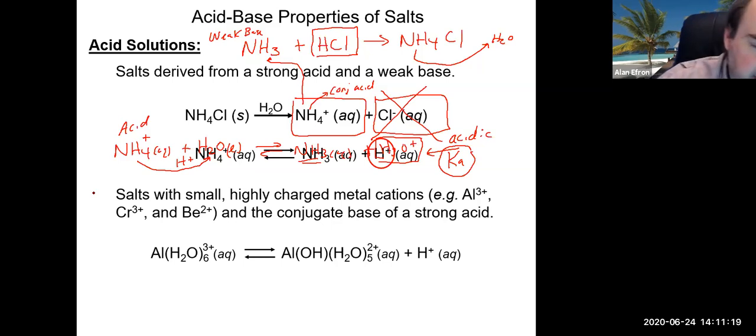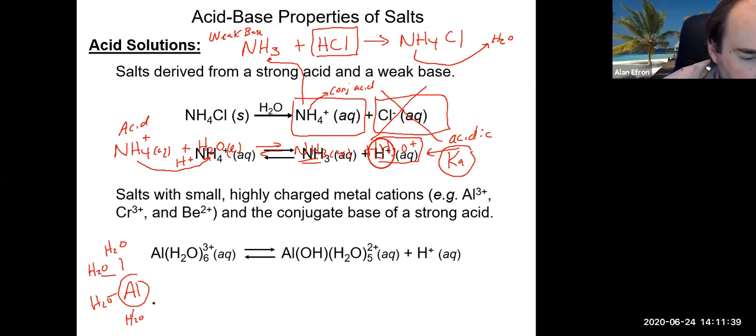Essentially what's happening in this situation, and I'm going to draw it really badly, I apologize in advance, we'll go with our aluminum. Attached to your aluminum you have 5 waters attached, so I'll draw all these waters like so. 1, 2, 3, 4, and 5.